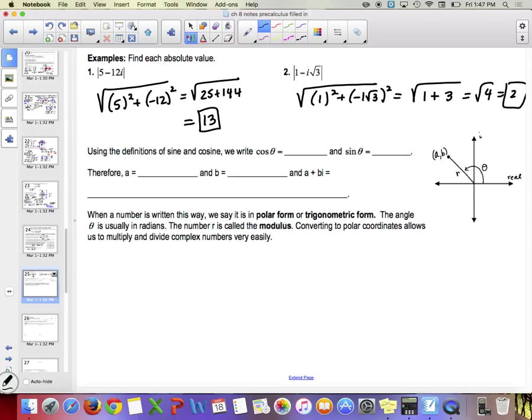Okay, just like vectors as well, it says using the definitions of sine and cosine, we write cosine of theta equals, it was always like our x value divided by our r value. So it's going to be our a value divided by our square root of a squared plus b squared.